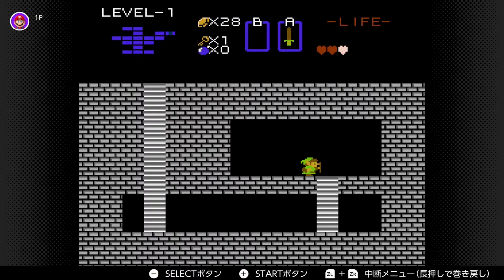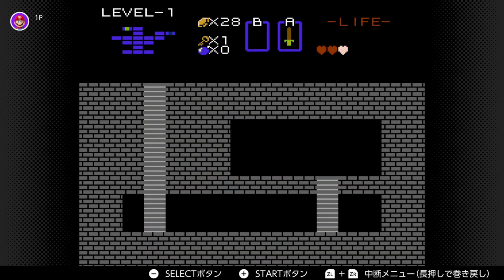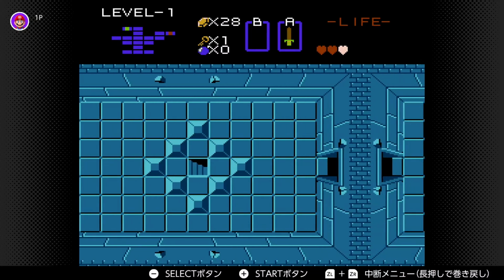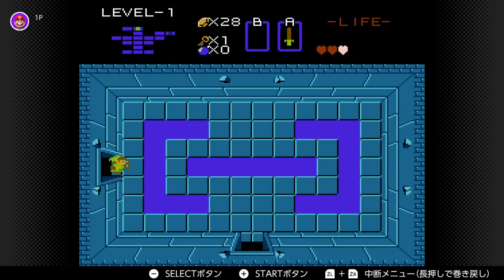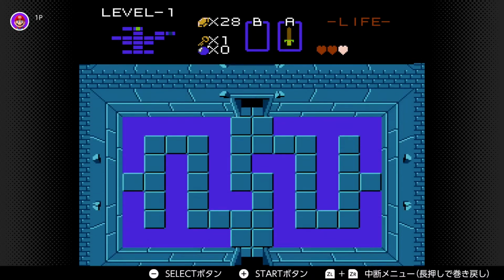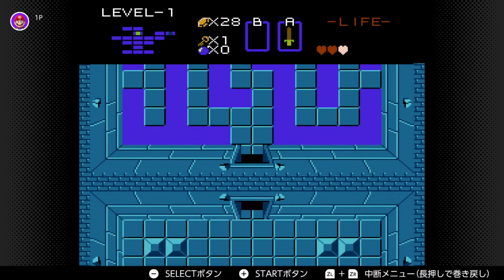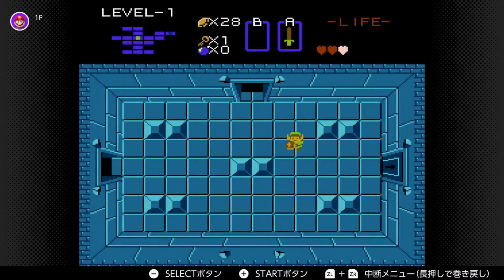And now that we got the bow, we can leave this room. Let's avoid the traps as usual. Let's avoid them. Leave the actual room. Go back. And now open this door.